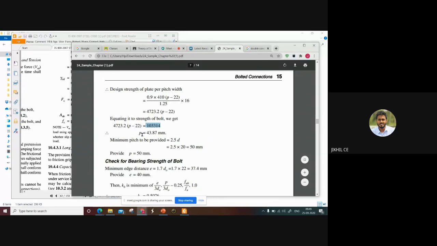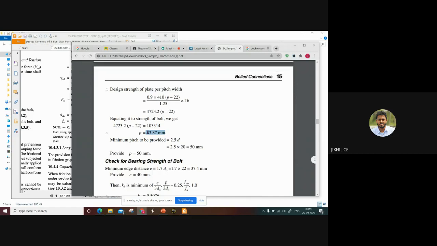So pitch is equal to 43.87. By providing a minimum pitch of 43.87, we can make sure that the plate won't fail before the shear failure of the bolt. And we have one more clause, minimum pitch provided 2.5D.